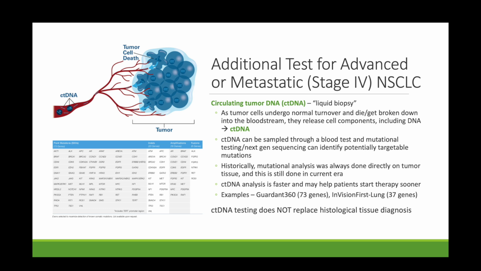We always need to obtain pathology, but this liquid biopsy can help guide our systemic therapies a little bit more quickly than if we waited for the pathology results. But it should definitely not replace tissue histology at this time.